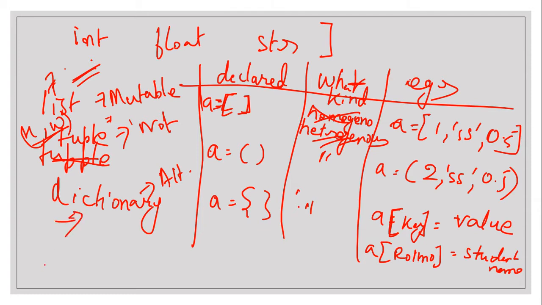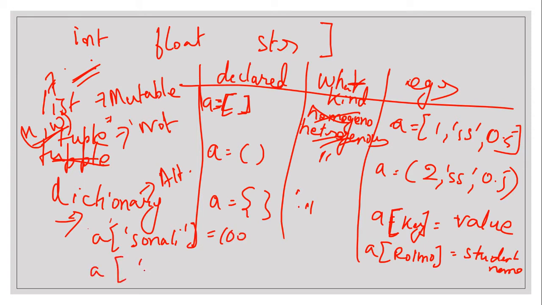Dictionary will be used wherever we want a key value pair type of setting. For example, you want to store the results. So result of Sonali is 100.